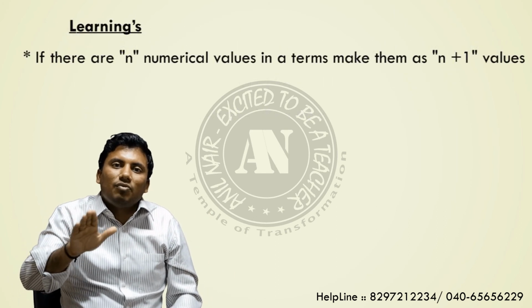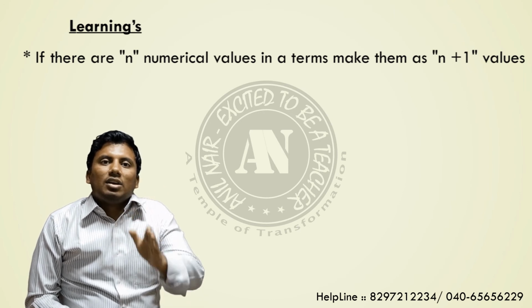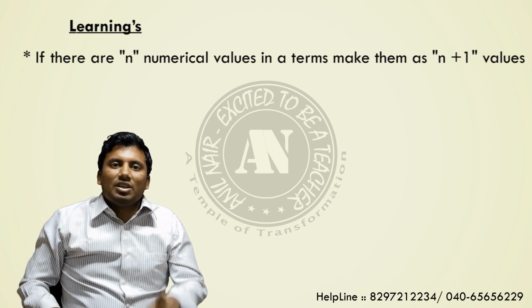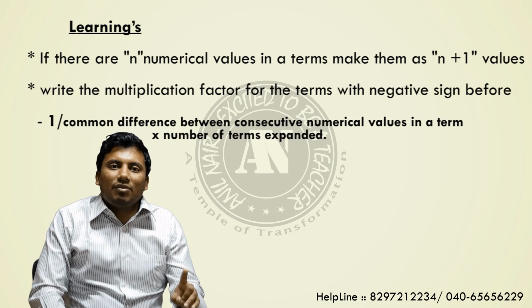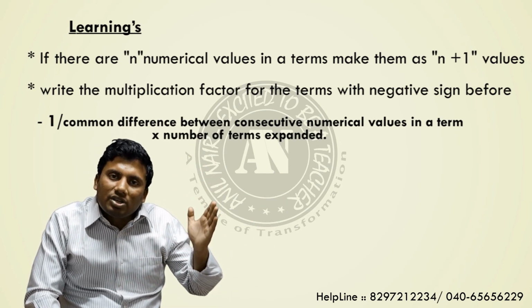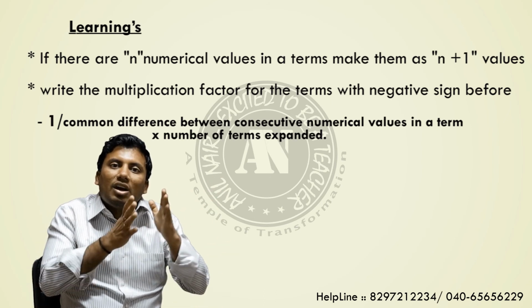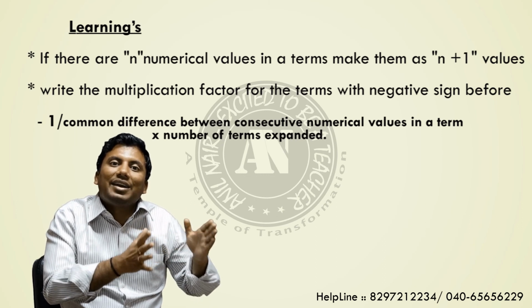Learnings from this video. If there are n terms in the term, the answer will contain n plus 1. Second learning: right hand side multiplication factor will be 1 by common difference between consecutive numerical values in the term into number of numerical values appearing in a term in right hand side.